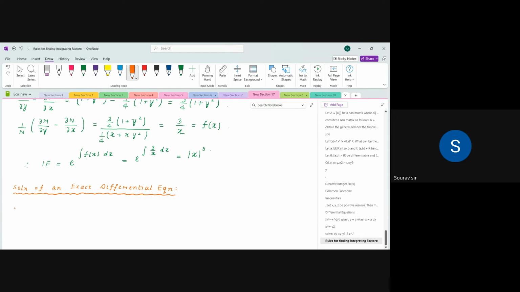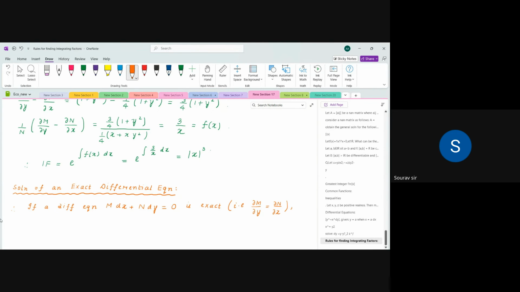So the idea is that, let's say the differential equation m dx plus n dy equals 0 is exact. And what does exact mean? That is del m by del y equals del n by del x.